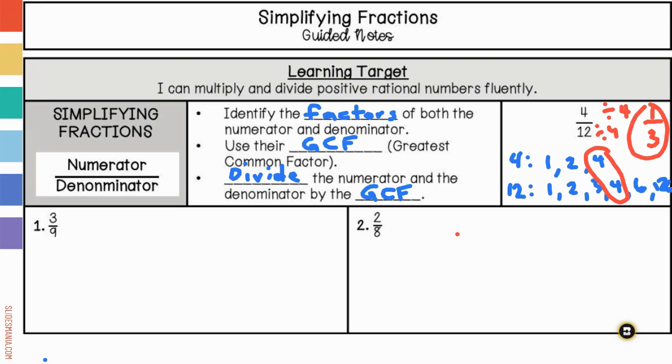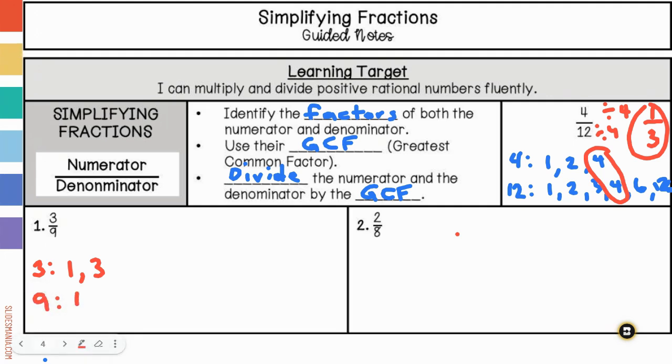And we're going to do the same thing for the rest of the problems. So you can identify the GCF or look at your multiplication chart and then divide by the biggest number. So for 3 over 9, the factors of 3 are 1 and 3.